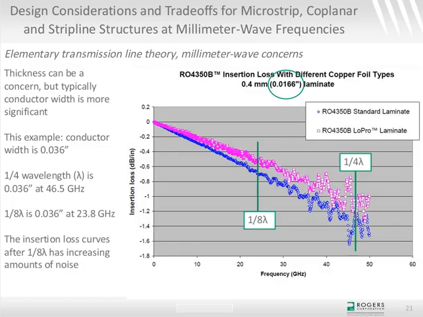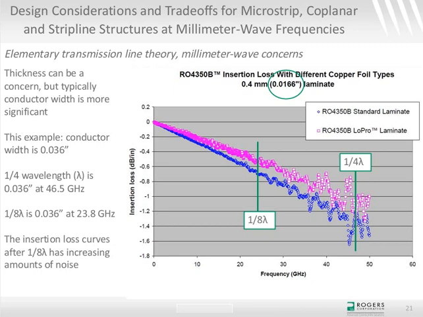And a good way to look at this is a chart that I've shown here on the thickest of our examples, and that's the 16.6 mil 4350B and low pro. And if you look at the conductor width, in this case, it's 36 mils, 0.036 inches. And out at a quarter wavelength, or where that dimension is a quarter wavelength in frequency, you see there's a bunch of noise out there. So out around 44, 45, 46 gigahertz, there's a lot of noise out there.